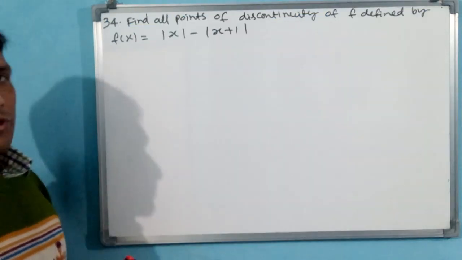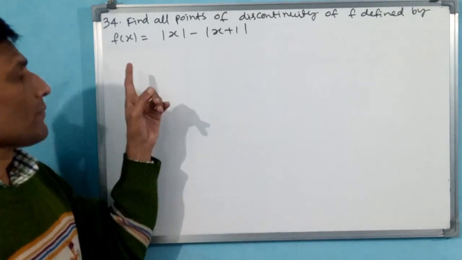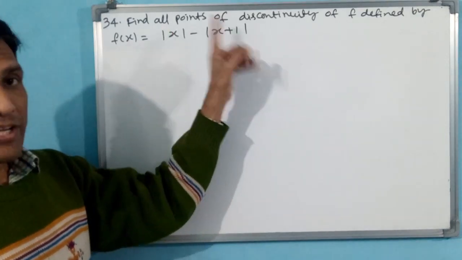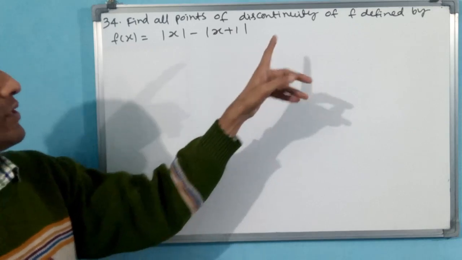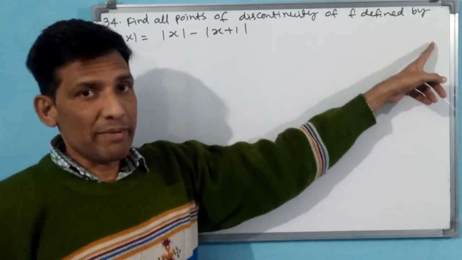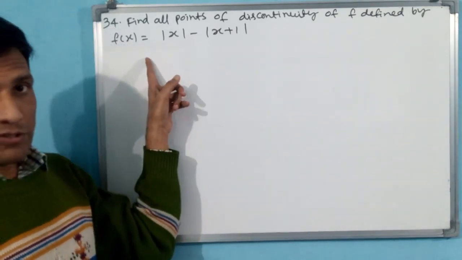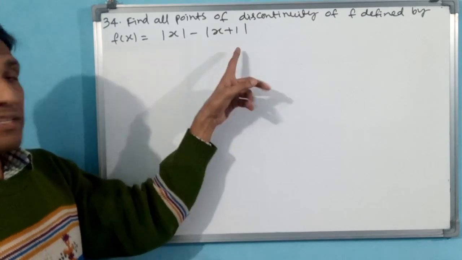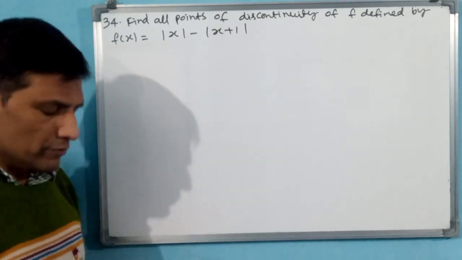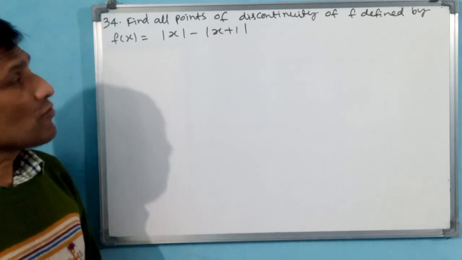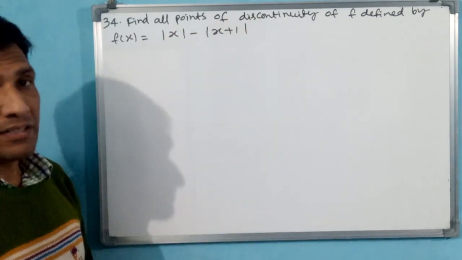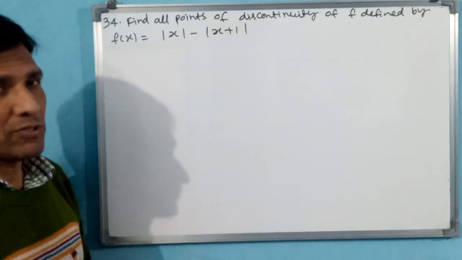See the 34th question. Find all points of discontinuity of f defined by f of x is equal to modulus x minus modulus of x plus 1. But how do you think? Is it discontinuous really? No. Why?